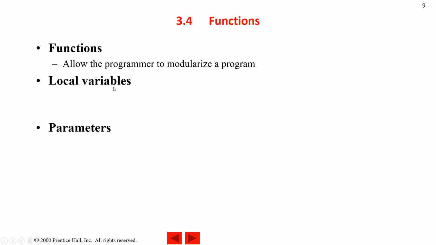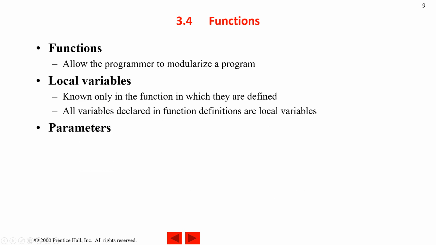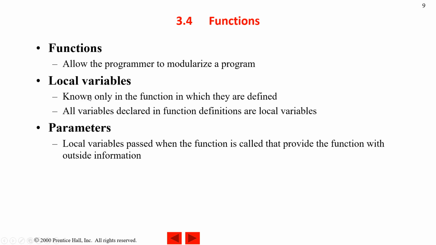Functions allow the programmer to modularize a program. They have local variables and they take input parameters. Since a function is defined by a block, all the variables inside that block are local variables. If you recall, we had a detailed set of examples about scope, and we said that anything in a block here is a local variable.